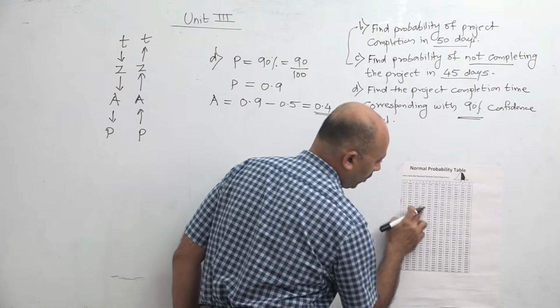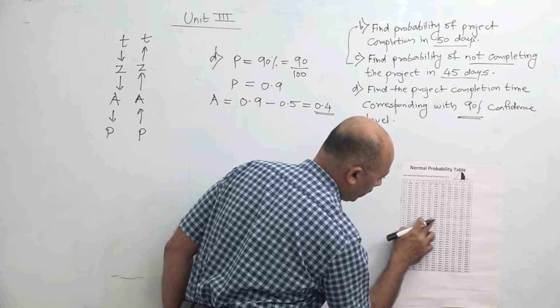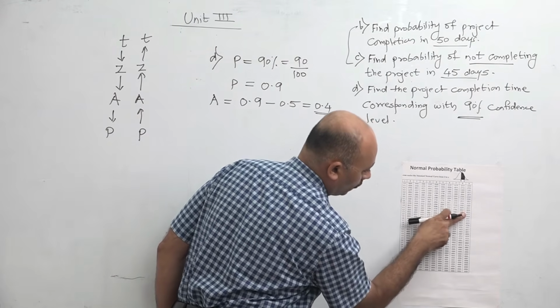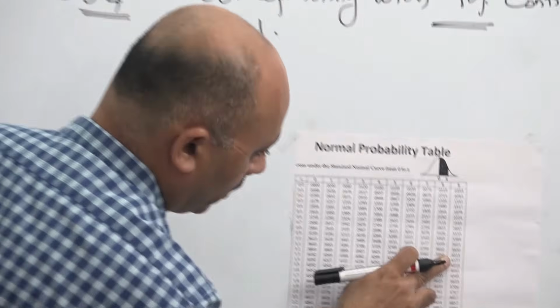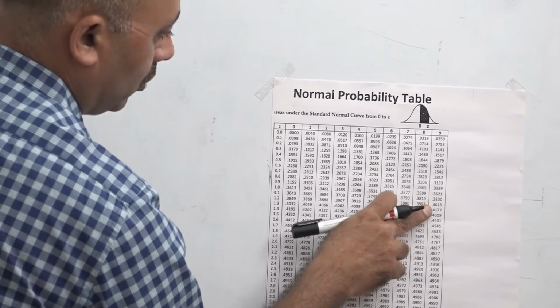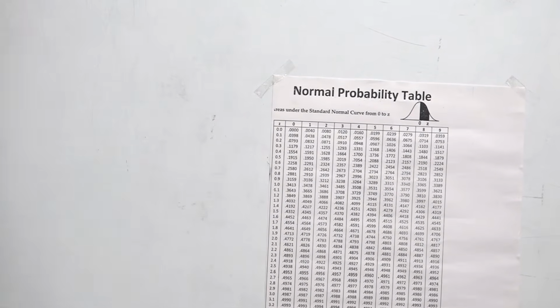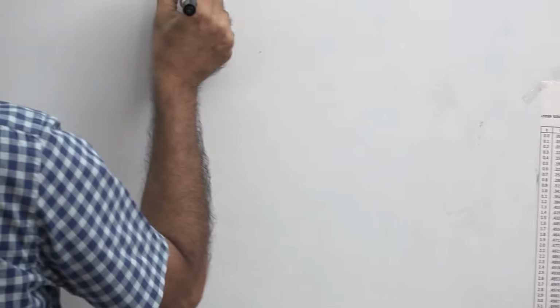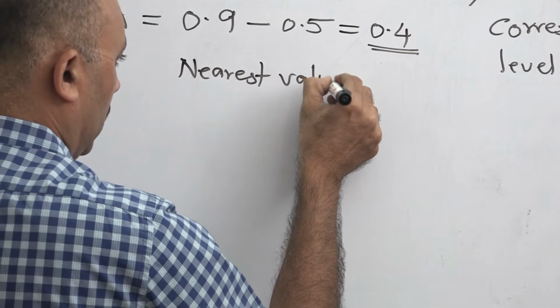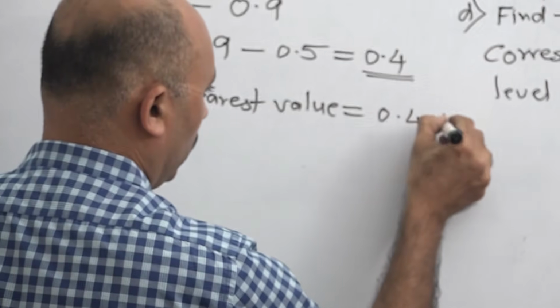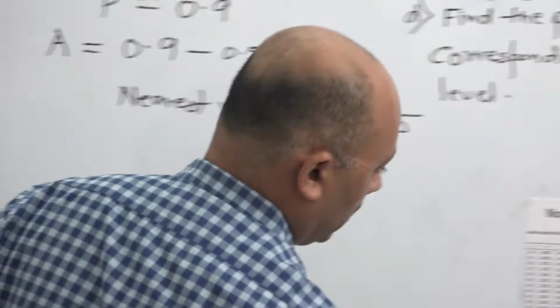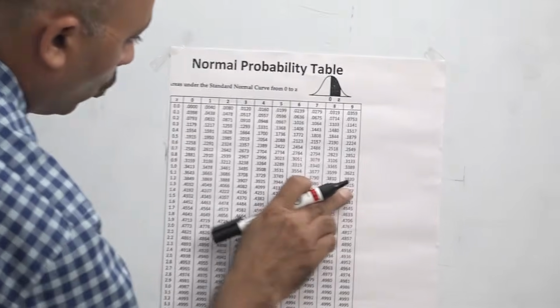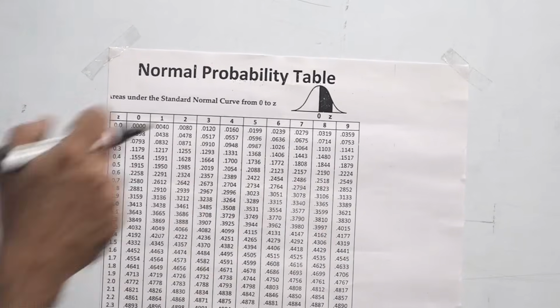So search for the nearest value, which is 0.4015, in the line of 1.2.